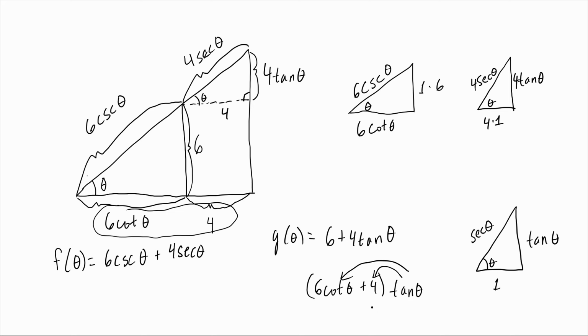Okay, so you're going to get 4 tangent theta, and then we're going to get 6 cotangent theta times tangent theta plus 4 tangent theta.